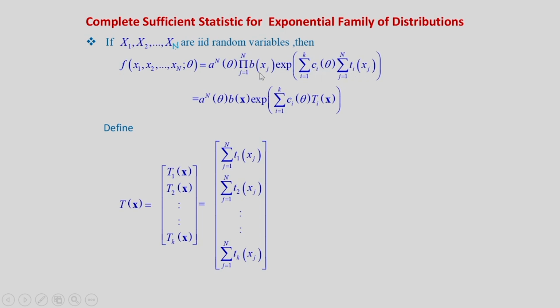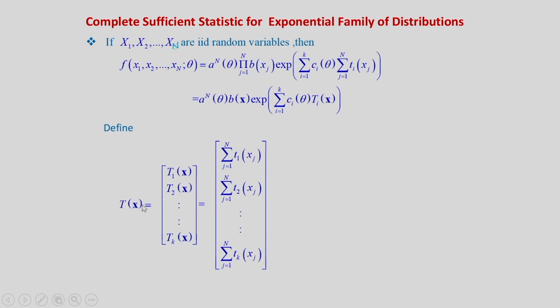This is a function of the xj we are considering, because there are n terms, we get an expression like this. Now, we can write this as a to the power n theta into b of x vector, because there is a product of xj terms. Similarly, the summation we can write as a statistic Ti(x).